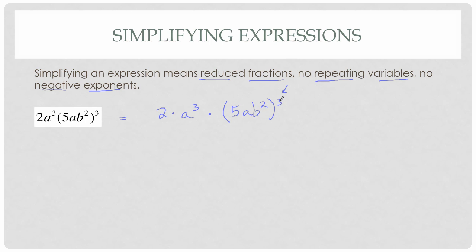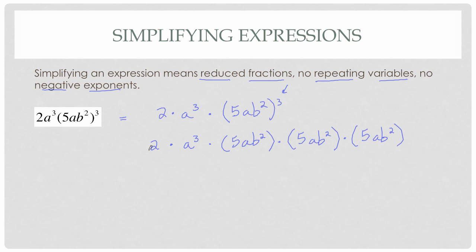So I'm going to apply the power of a power rule. Everything inside gets the third power. So I can rewrite this as 2 times a to the third times, there's 3 of them, right? So 5ab squared times another 5ab squared times another 5ab squared.